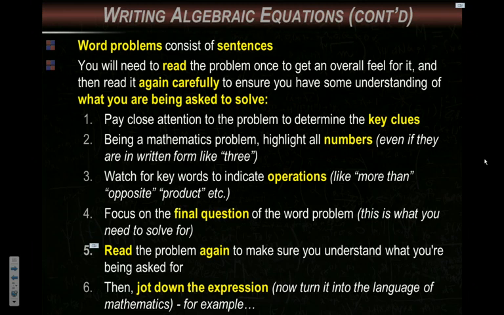Step 4, always focus on the final question. Like, what is this thing actually asking for? Don't solve something else. Solve what it's actually asking for. Step 5, read it again. Always read a word problem more than once. Make sure you got it. Then step 6, finally, now you're ready to jot down what you think it is in actual math.